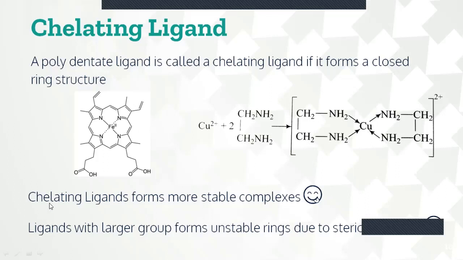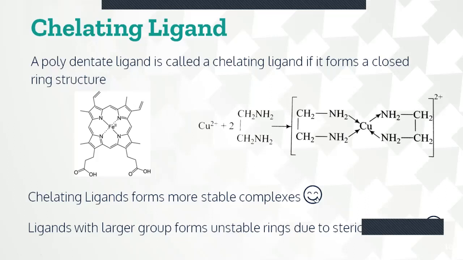Coming on to the points mentioned below, chelating ligands form more stable complexes. That is, when there is a closed ring structure, the stability of the structure increases. But also keep in mind that ligands with larger groups form unstable rings due to steric hindrance. Look at the structure mentioned on the left, a complex structure.